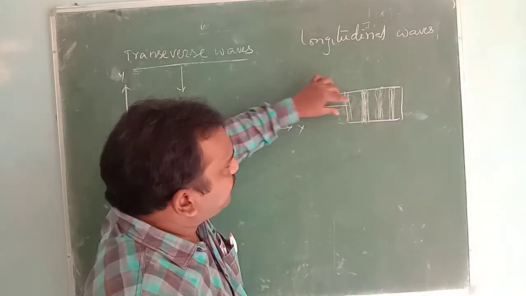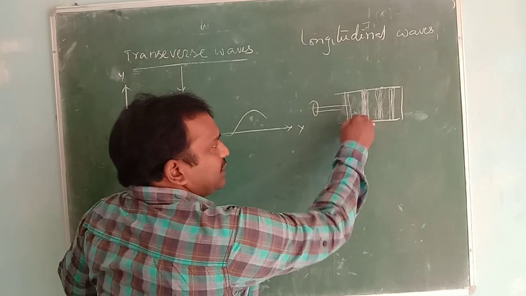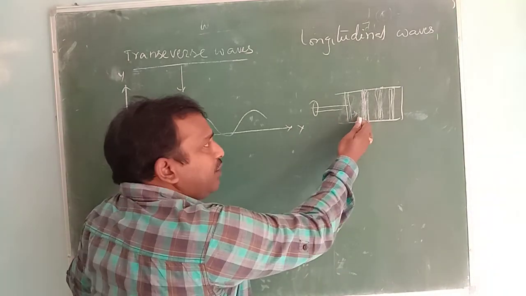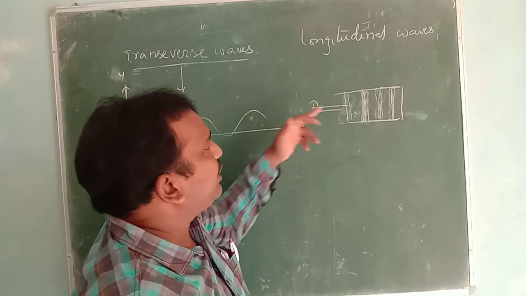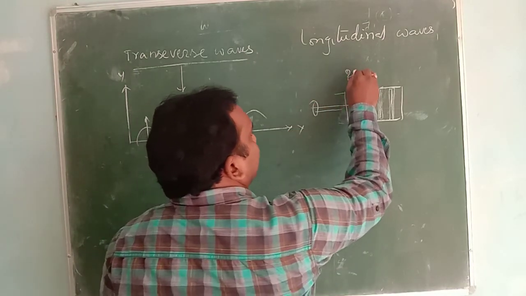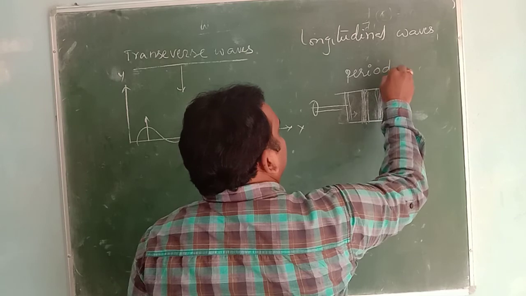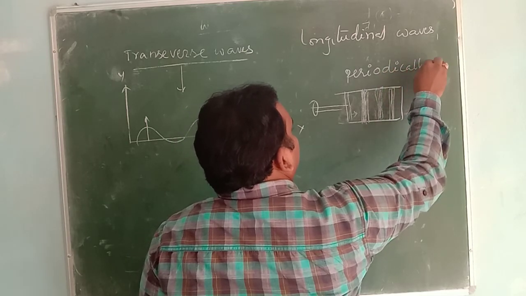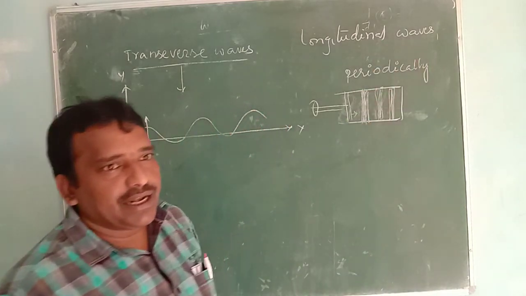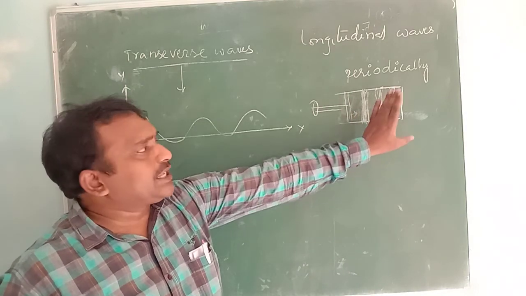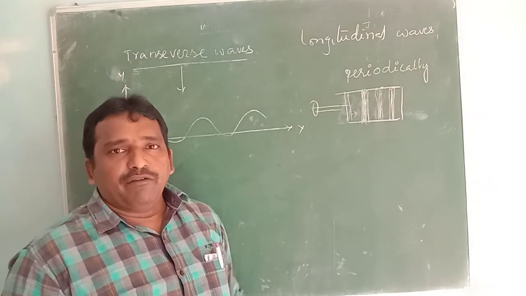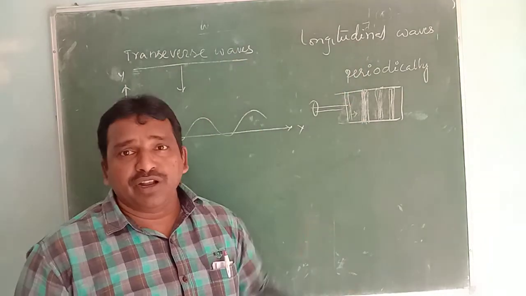Once you give pressure here, this pressure is carried to the next molecules. Whenever this is done periodically, they will be grouped together. This type of wave is said to be a longitudinal wave.